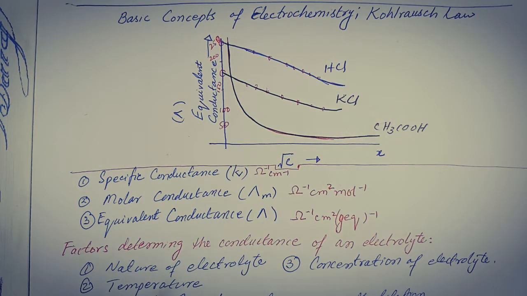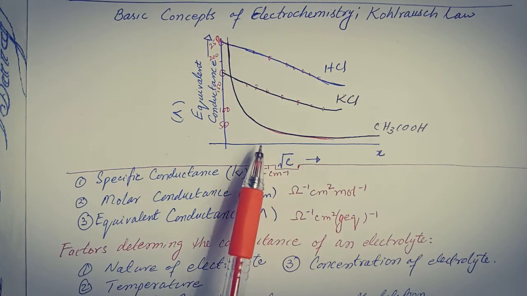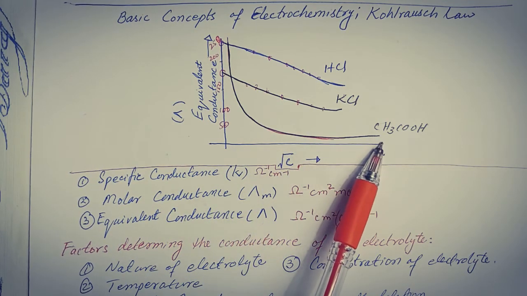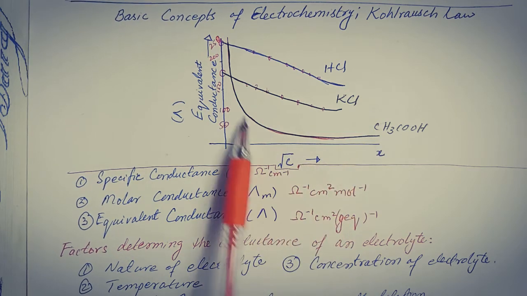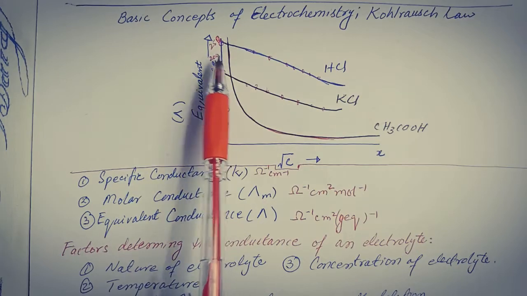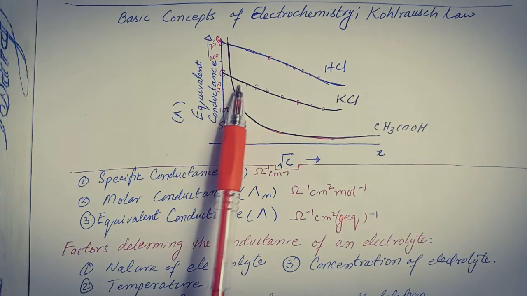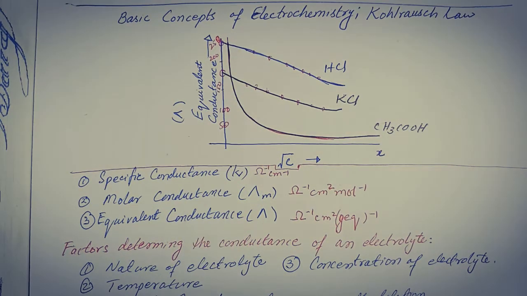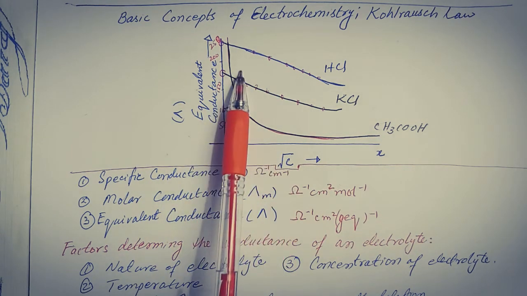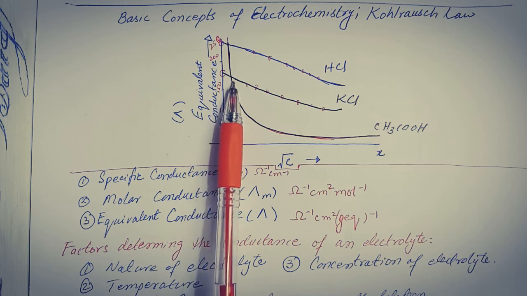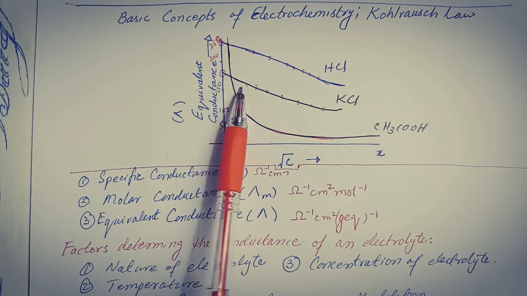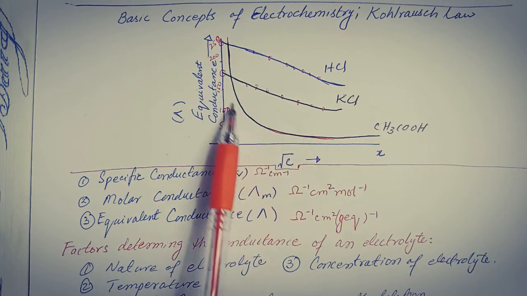Now come to the case of the weak electrolyte. In the case of weak electrolytes like acetic acid, there is no limiting value of the equivalent conductance even as the concentration approaches 0. So for a weak electrolyte, the limiting value of the equivalent conductance, that is at infinite dilution, cannot be obtained from the extrapolation of this plot.